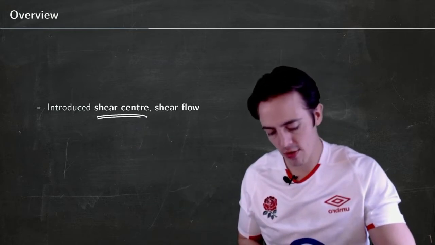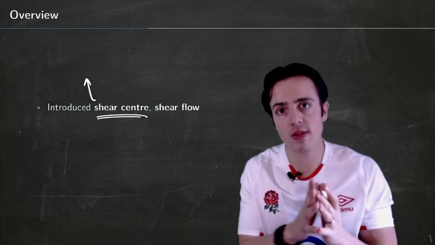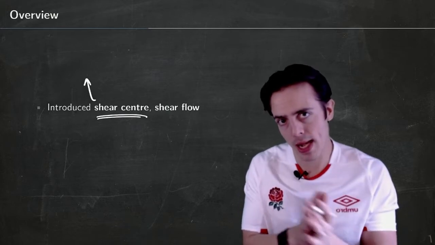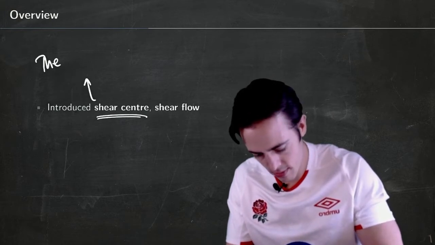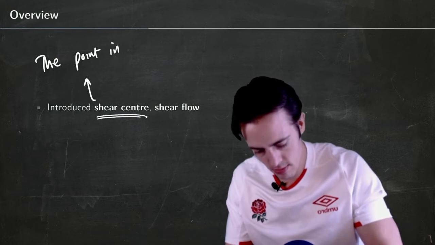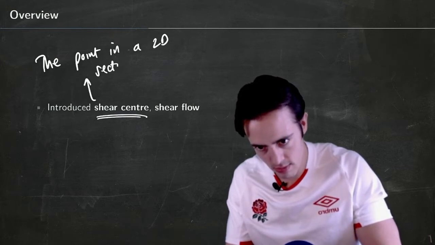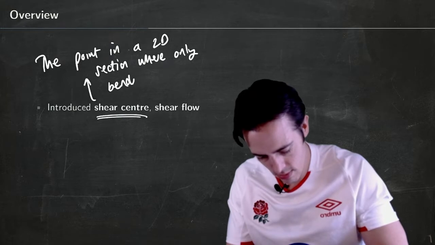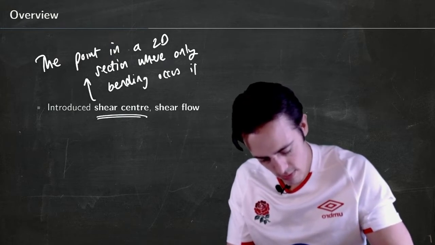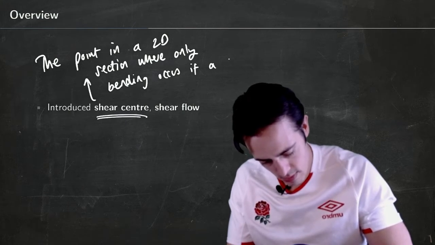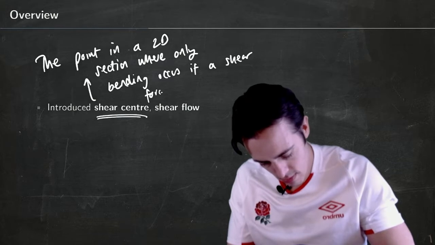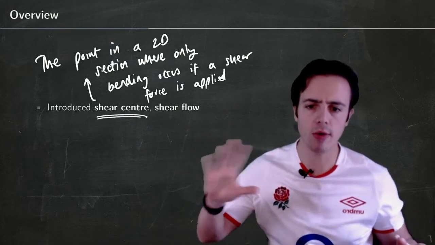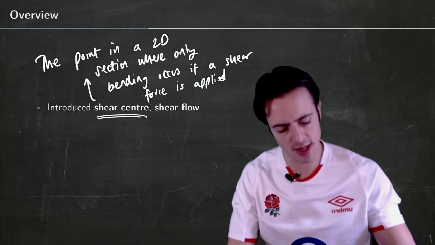So shear center is what we introduced, and we defined this as the point in a two-dimensional section which, if we apply a point shear force, then we only get bending, no torsion.